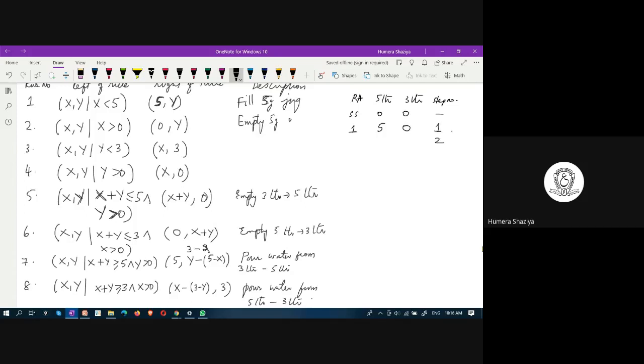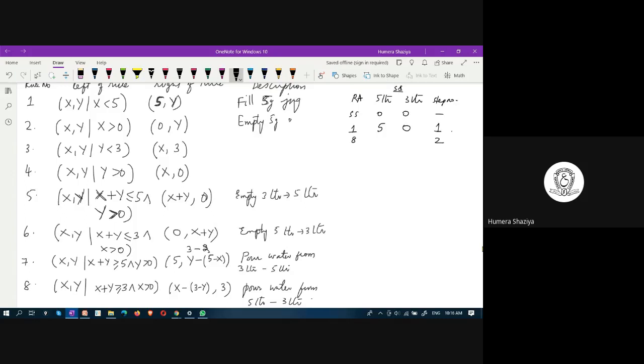In step number 2, which rule is to be applied? In this solution 1, we are applying rule number 8. What does rule number 8 say? Rule number 8 says pour water from 5 liter into 3 liter such that 3 liter would get full.